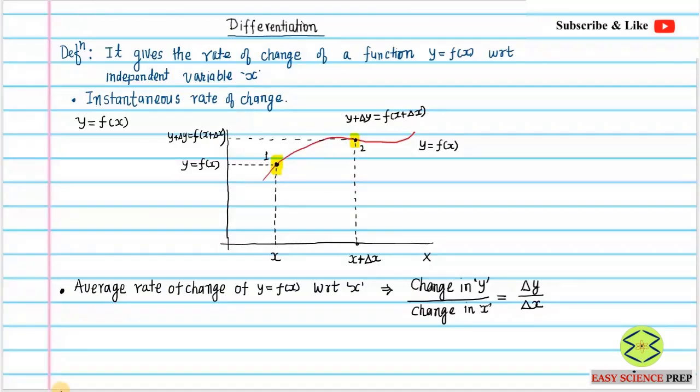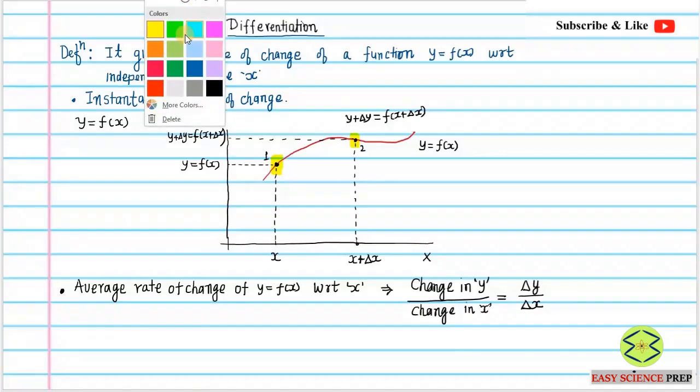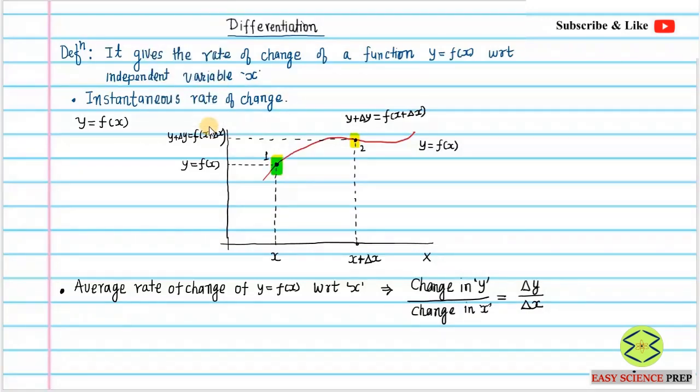But if you want to find instantaneous rate of change, suppose you want to find out the rate of change at point 1, at this particular point, then this delta x you have to make very small, so that you will get an instantaneous rate of change.